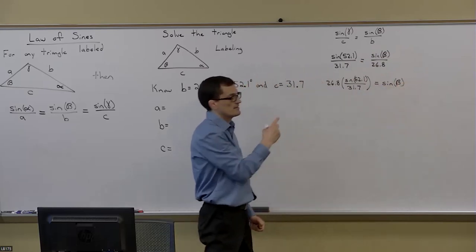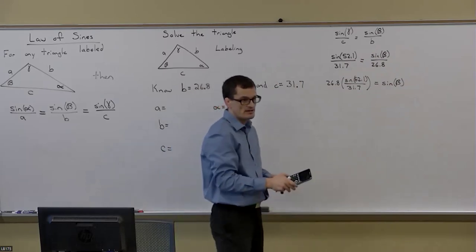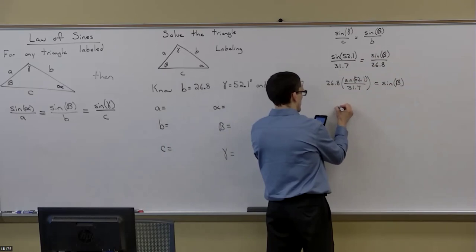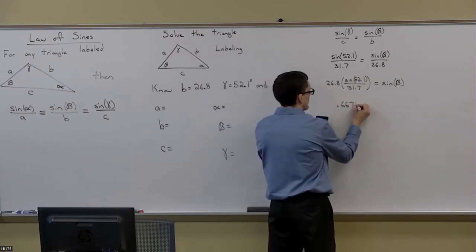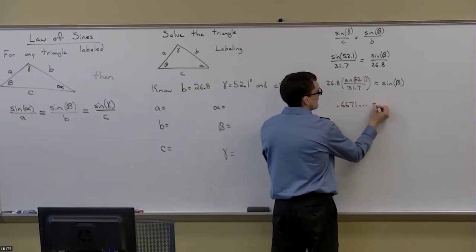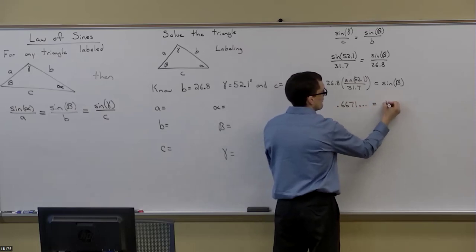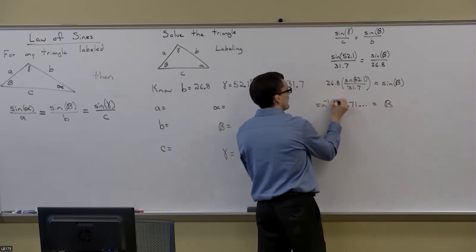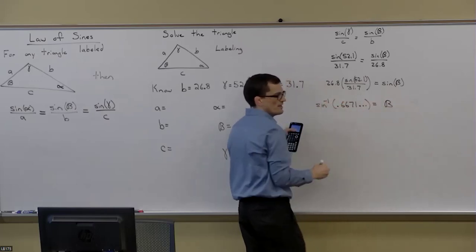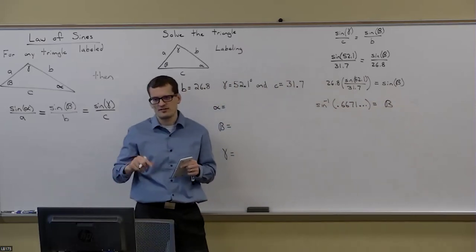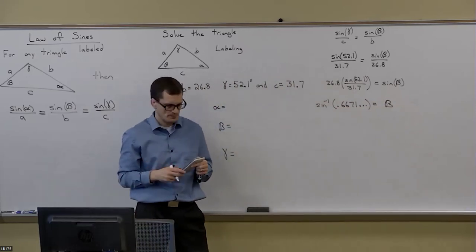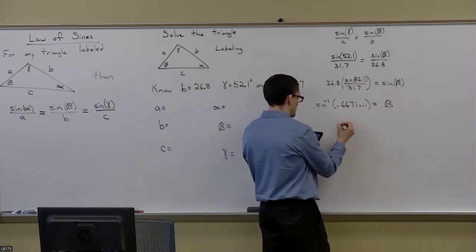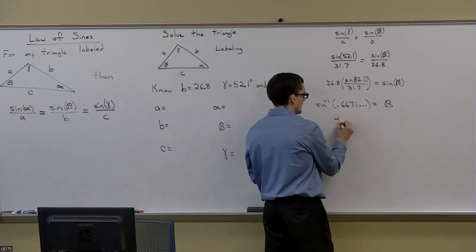And then I type that in on my calculator. And I ended up with 0.6671 and then some other stuff is equal to sine of beta. So if I take the inverse sine of whatever that number is, and again, I just do inverse sine with the second negative key, for my answer I end up with a beta that's 41.84, roughly.